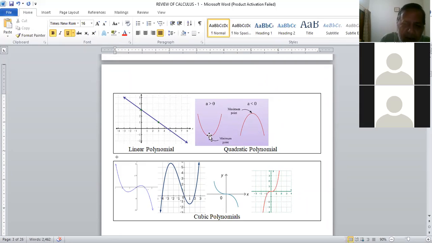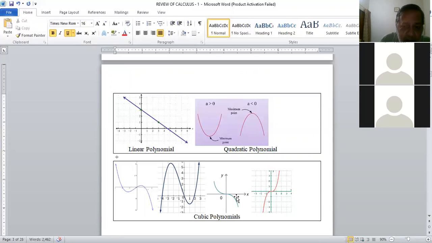Quadratic polynomial में एक extreme value होगी, या सिर्फ minimum होगा या सिर्फ maximum होगा. In cubic polynomials, you can have one maximum and one minimum arranged in different order. But there are cubic polynomials whose graph does not contain any extreme value like relative maximum, relative minimum. Rather, it has an inflection point.